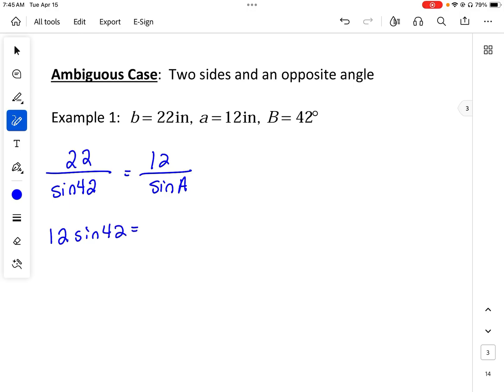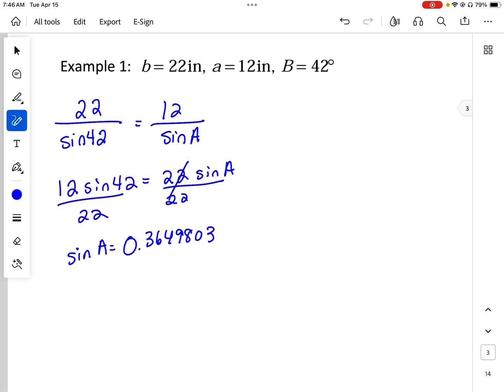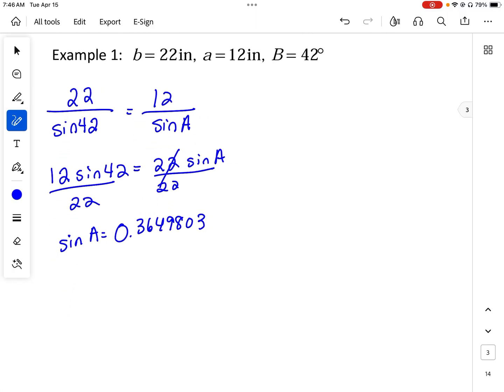So we have 12 times sine 42 equals 22 sine A, divided by 22. Then we get a decimal answer: sine A equals 0.364983, something like that.